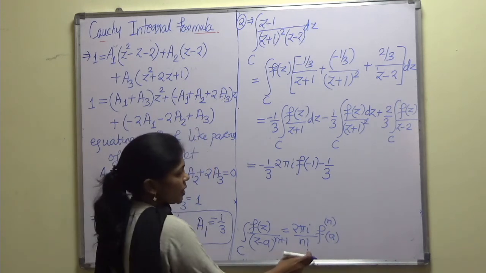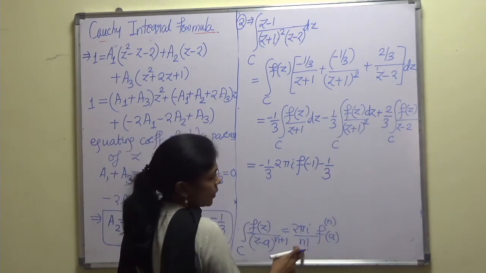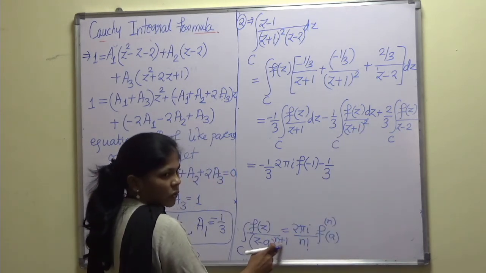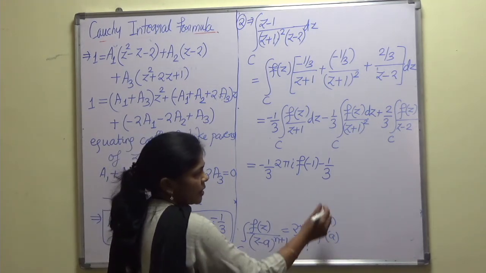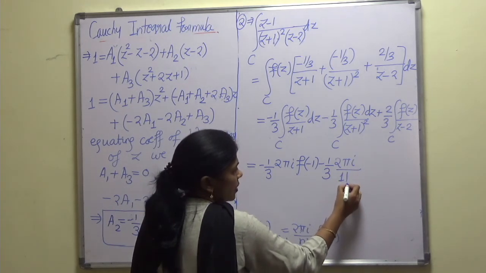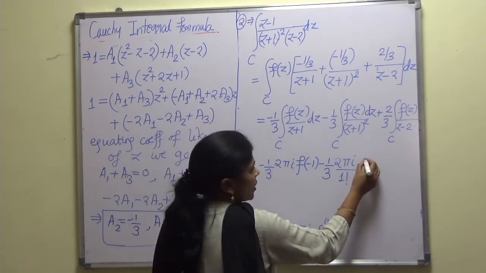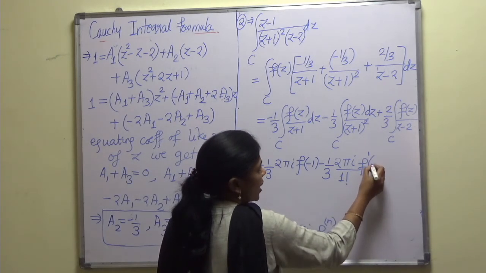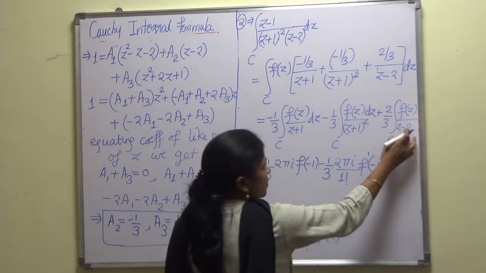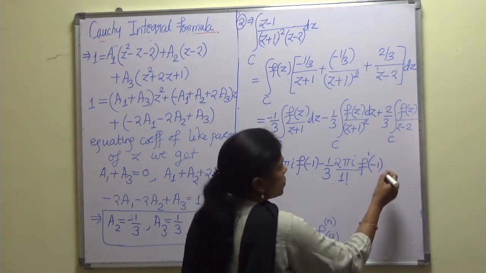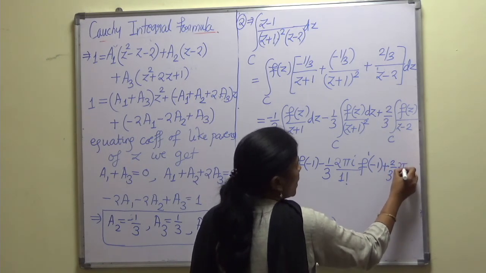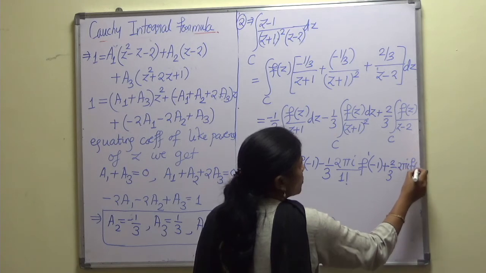Here we compare first the power in order to get the value of n. So n plus 1 is 2, so n is 1. Put n in this formula, so it is 2 pi I upon 1 factorial, and then 1 times the derivative, that is f dash at a, which is again minus 1. Now again compare, z minus a is 2, so according to the formula it is 2 pi I times f of 2.